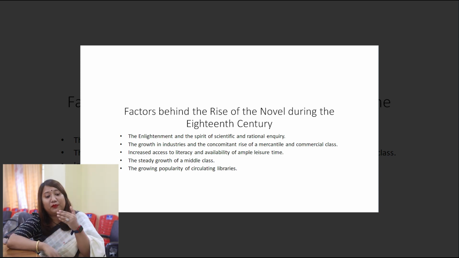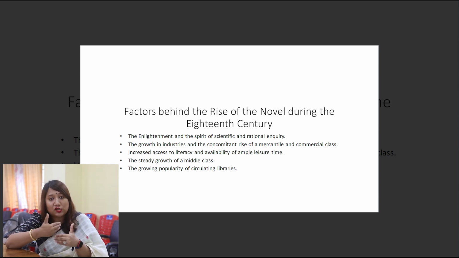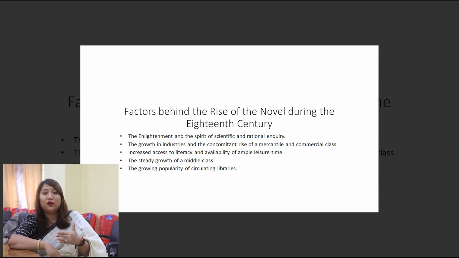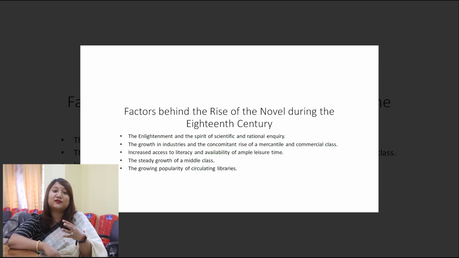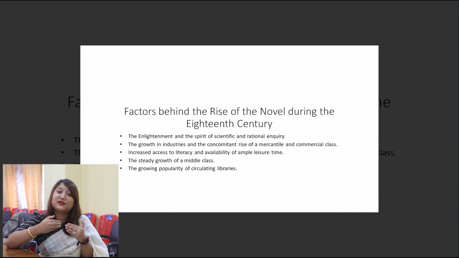Now see, because of this general rise in the intellectual culture, because of this rise in scientific thought, in scientific inquiry, what parallelly rose was that there was growth in industries, there was growth in science and technology. So with the growth in industries, gradually a mercantile and commercial class grew up.